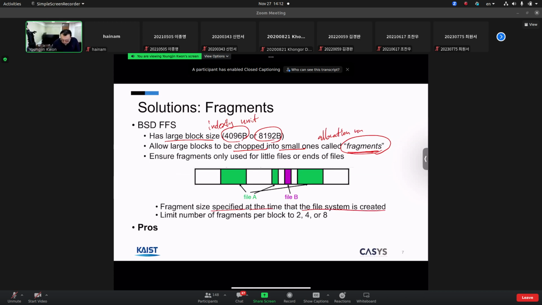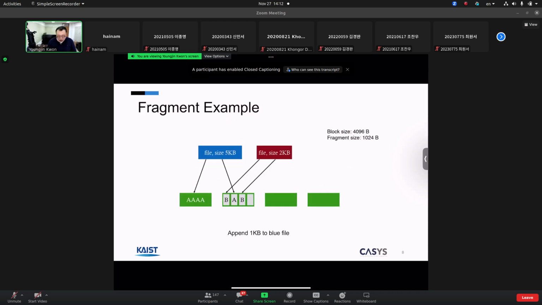One block can have 2, 4, or 8 fragments, depending on the configuration. This provides much higher speed for large files and reduces wasted space for small files.